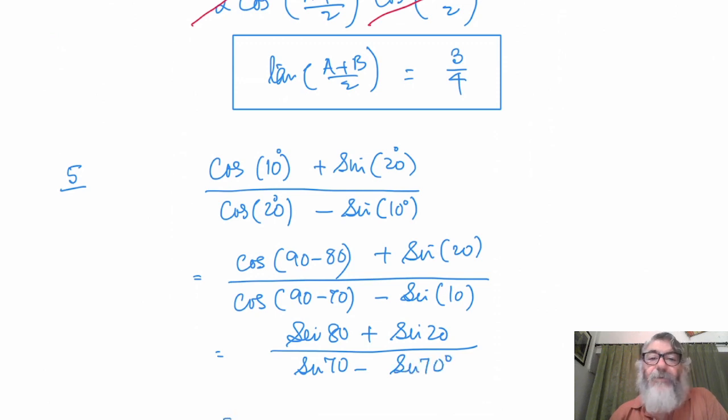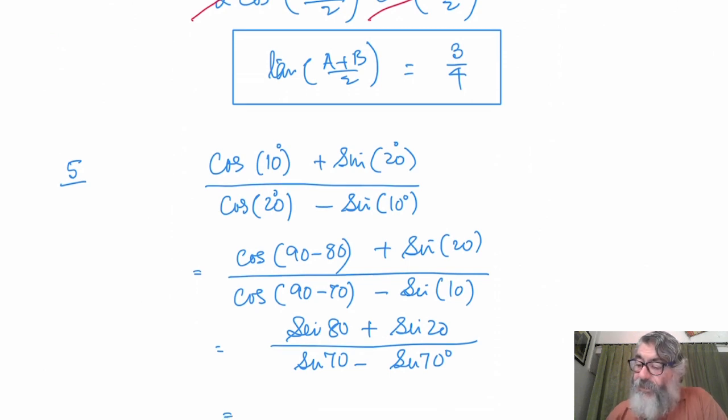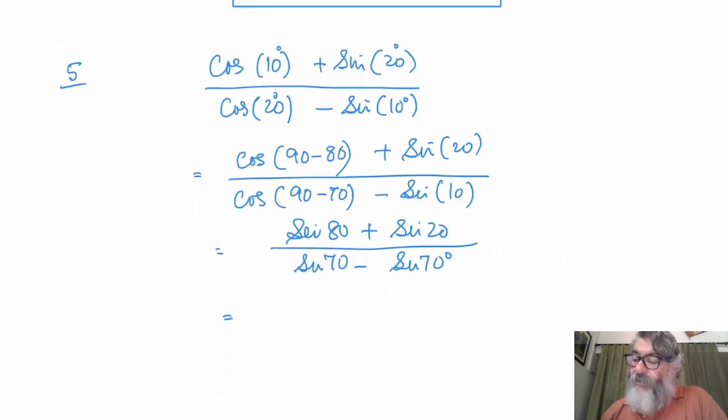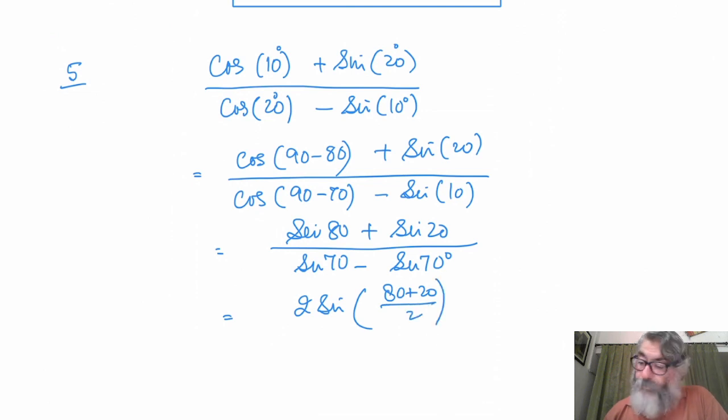So I'll be able to apply sine C plus sine D and sine C minus sine D. What is sine C plus sine D? 2 sine (C plus D)/2, that is 80 plus 20 upon 2, and then I have cos (80 minus 20)/2.